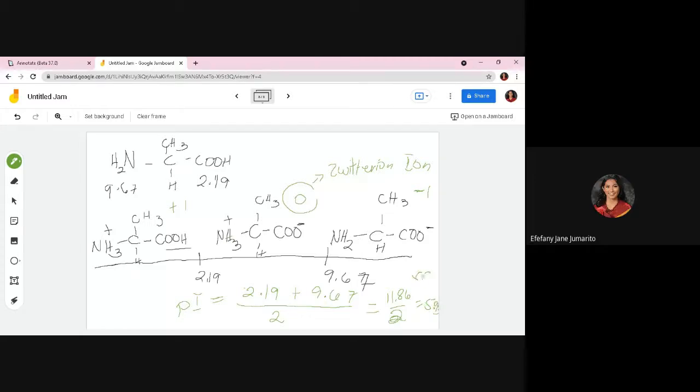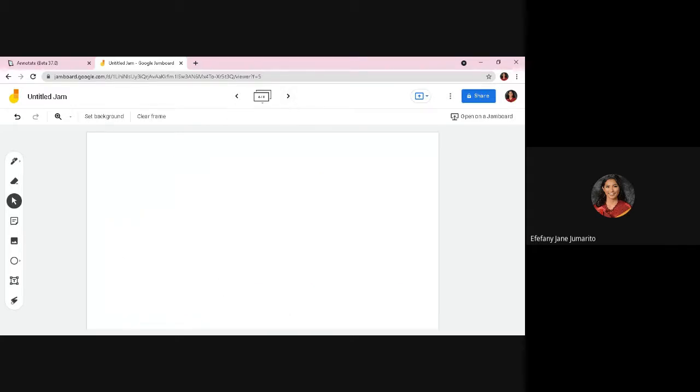So the pI, the isoelectric point of your alanine, is the point in the pH at 5.93, where your alanine is in zwitterion form, meaning the positive and the negative charge coexist. So at pH 5.93. Okay, so that's it.